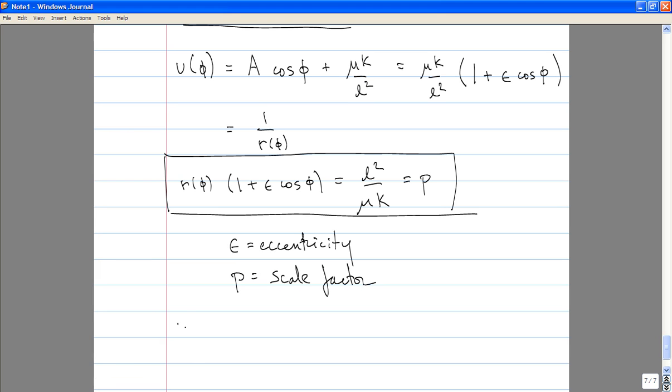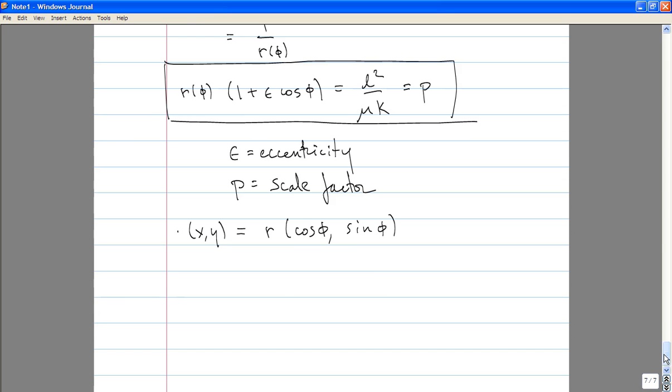X and Y are r cosine phi and r sine phi. So this equation is r, which is the square root of x squared plus y squared, plus epsilon times r cosine phi, otherwise known as x, is equal to p.